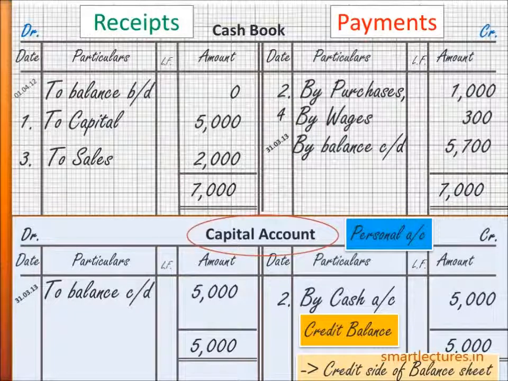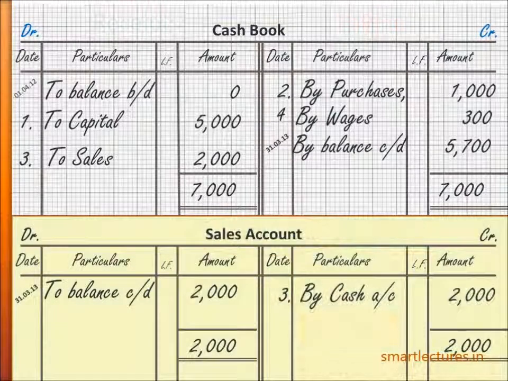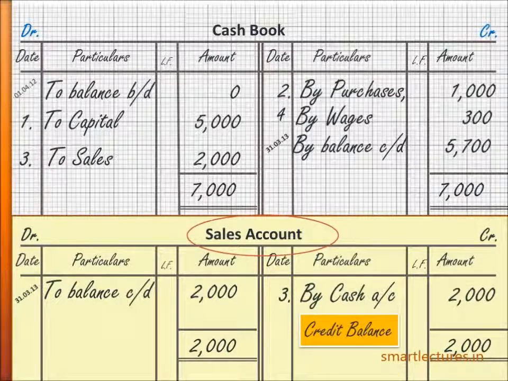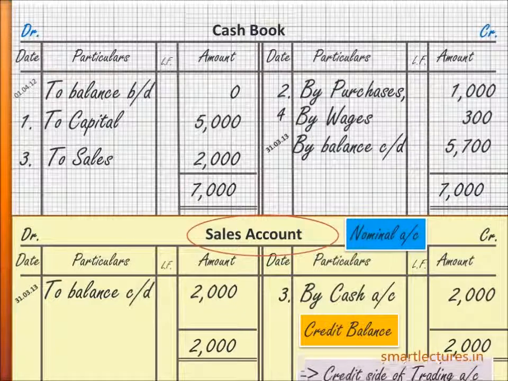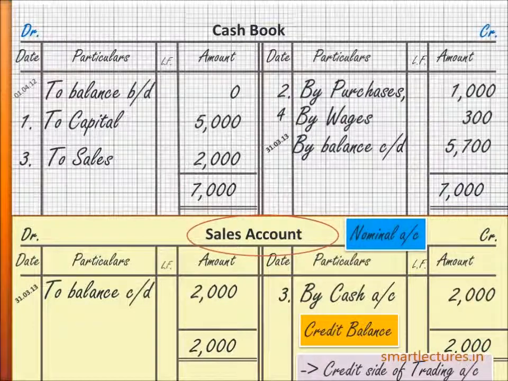I mean to say liability and capital side. Then it's a sales account. Sales account always carries credit balance. It means credit side is always stronger. It's a nominal account. It always goes to the trading account credit side.